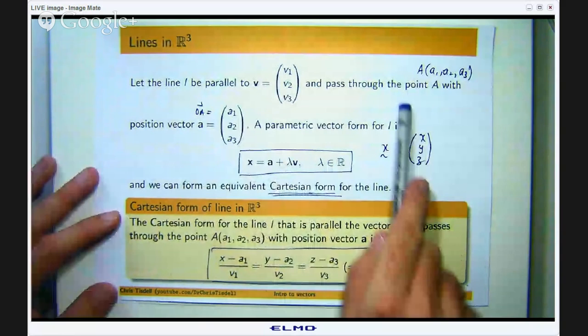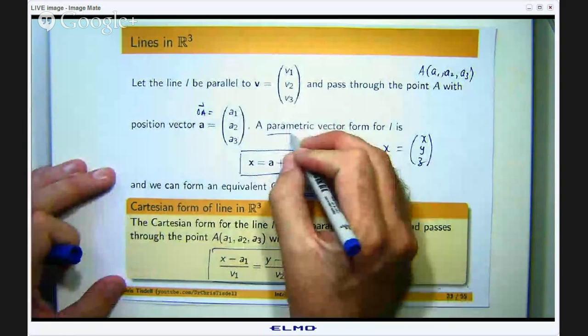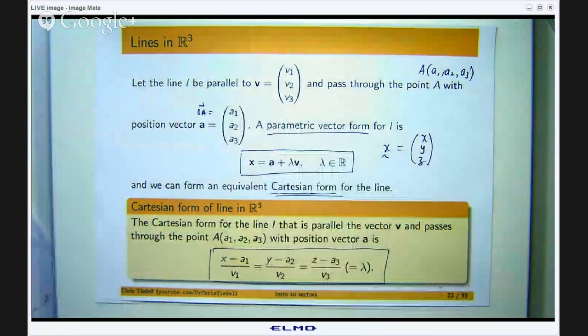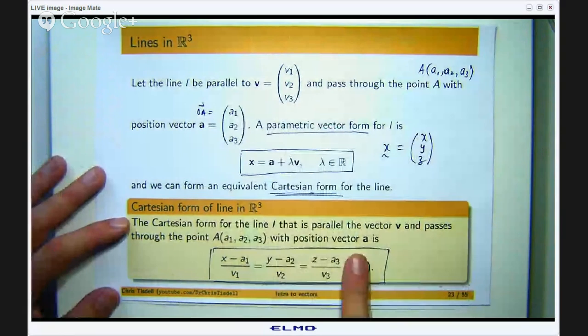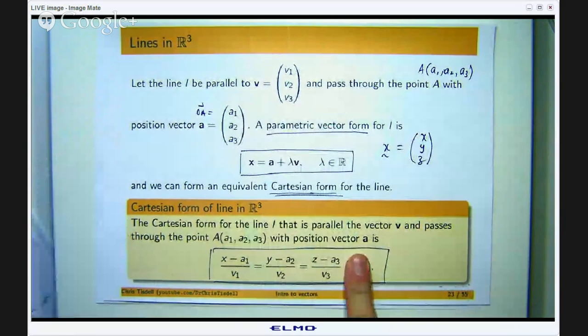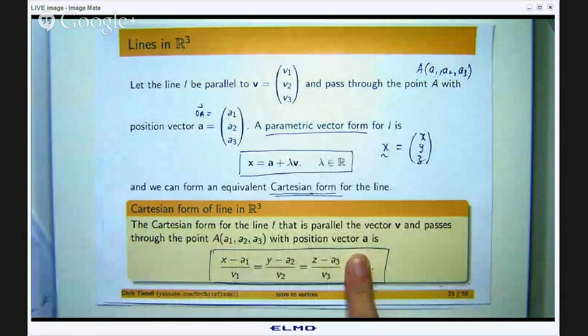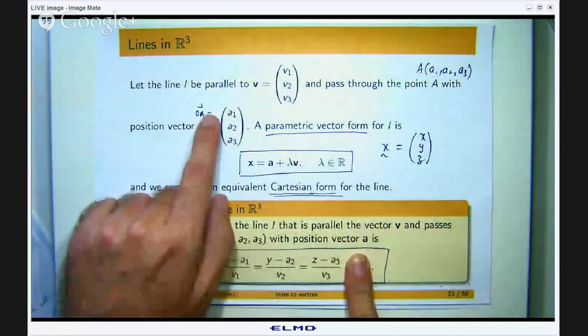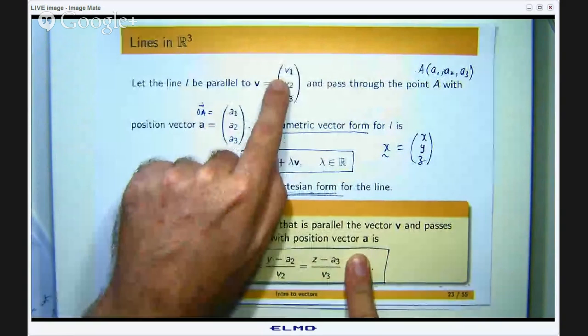Now this is a parametric vector form for the line L, and the Cartesian form is the following. Okay, strictly speaking, you cover up this equals lambda, and the A1, A2, A3 are just the coordinates of the point A that lies on the line, and the V1, V2, V3 are the coordinates of the vector V.